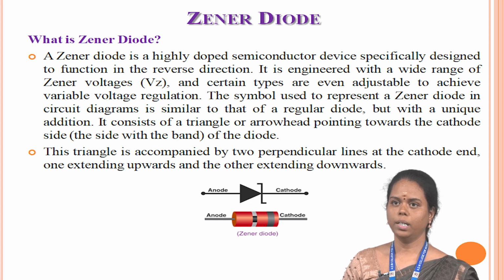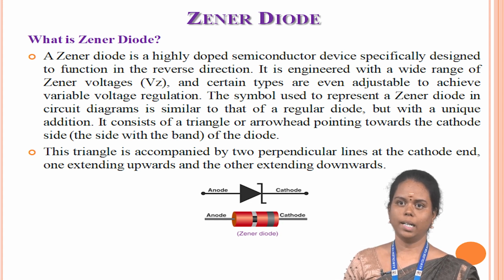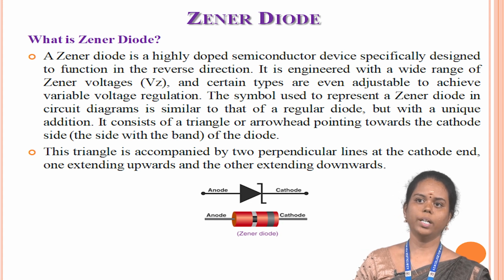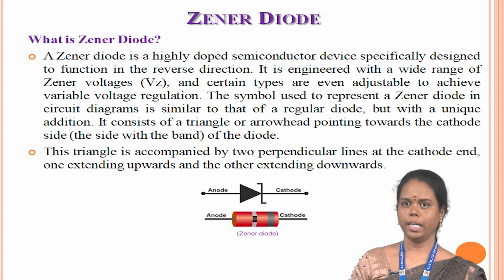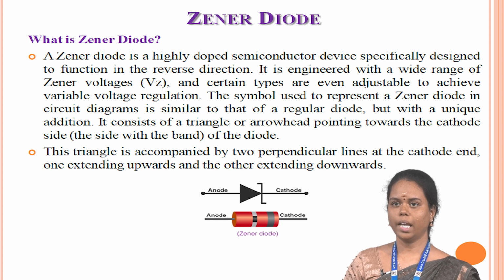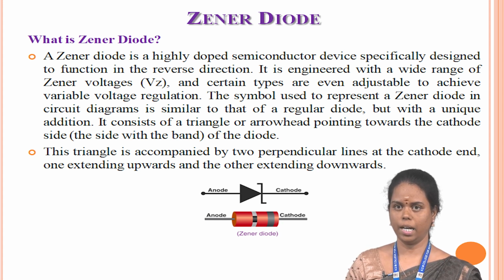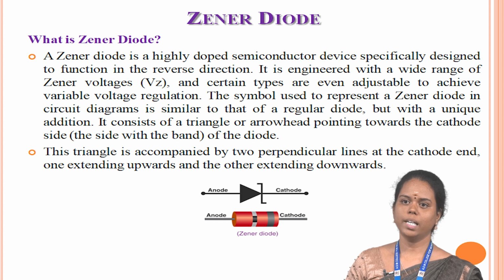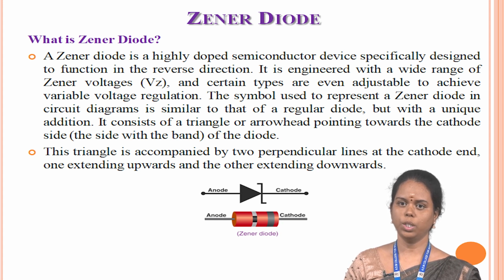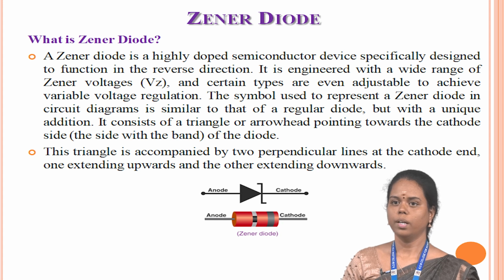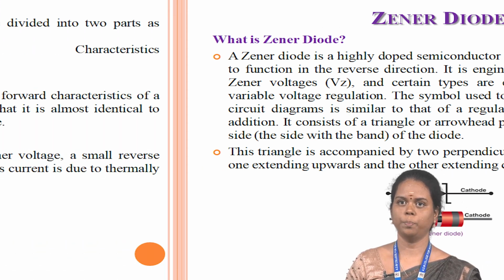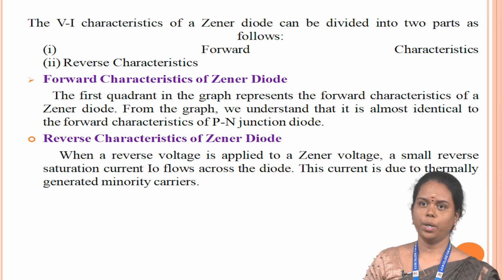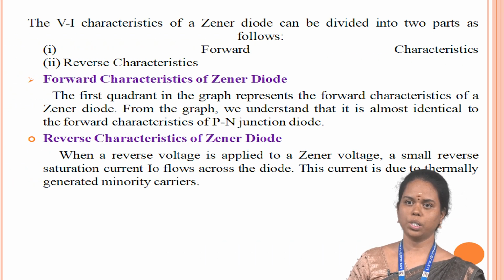This triangle is accompanied by two perpendicular lines at the cathode end, one extending upwards and the other extending downwards. These lines indicate the specific behavior of the Zener diode and help distinguish it from other types of diodes in a circuit diagram. The symbol provides a visual representation that allows engineers and technicians to easily identify the presence of a Zener diode in a circuit.